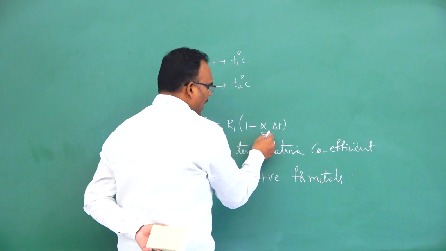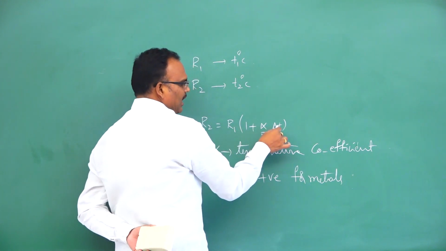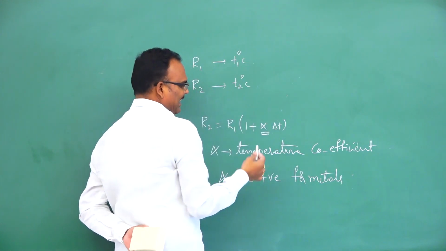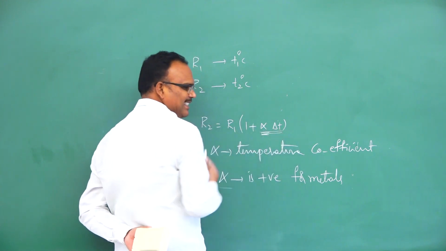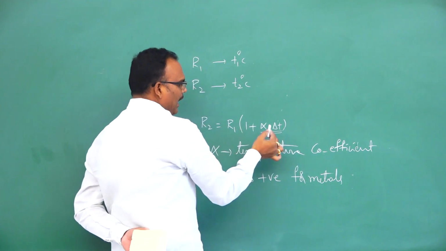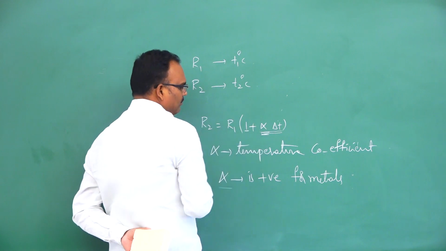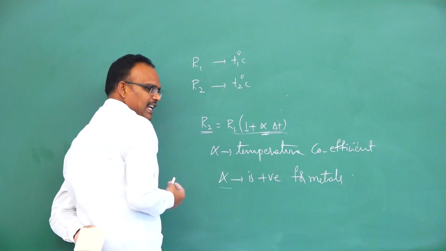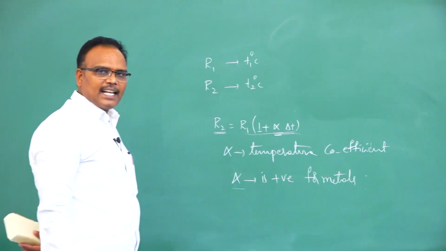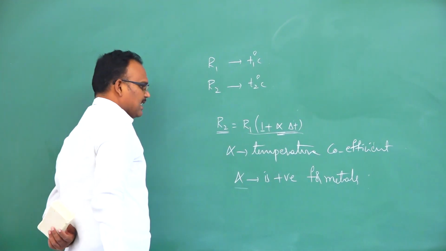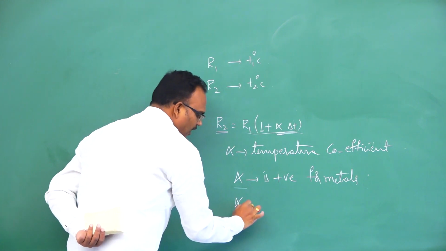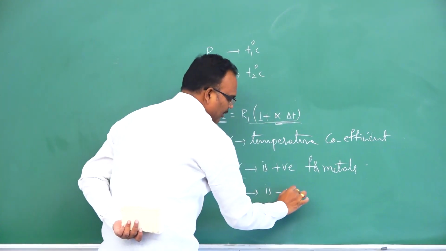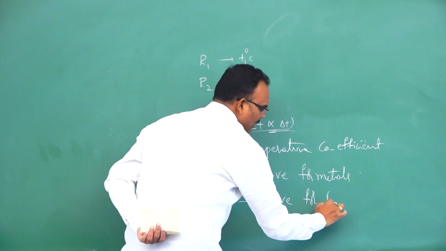Alpha is positive means if temperature increases, then obviously this term increases, and this we are adding to 1. That means the whole value increases, that means R2 increases. If temperature increases, resistance increases for metals. And alpha is negative for semiconductors.